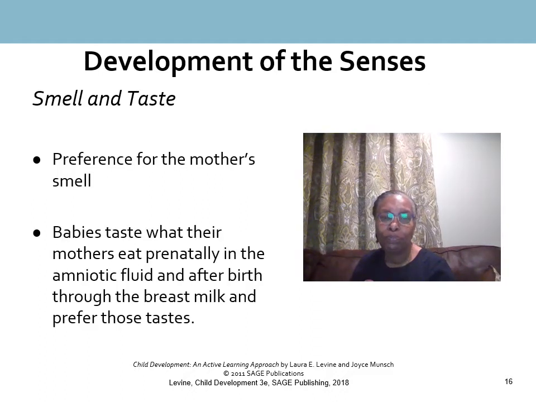All right. Now, in terms of smell and taste, babies are born with a functioning sense of smell that shows a preference for some smells over others. Even at the ripe age of 4 days old, babies who are bottle fed show a preference for the smell of breast milk. Everyone's like, can we get the good stuff?